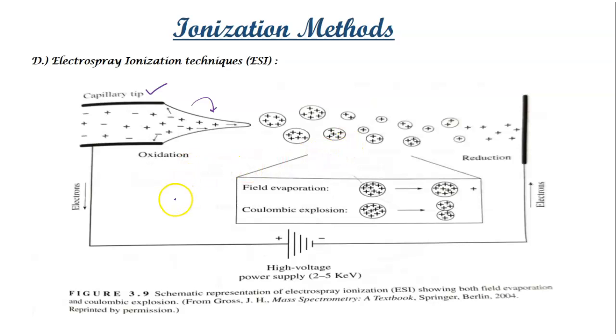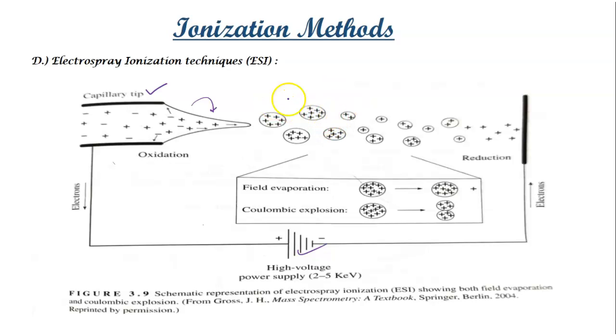Now what is happening? The capillary through which the sample solution passes has a high voltage potential across its surface. You can see, the high voltage here is 2 to 5 kilo electron volt. Now small charged droplets are expelled into the ionization chamber.